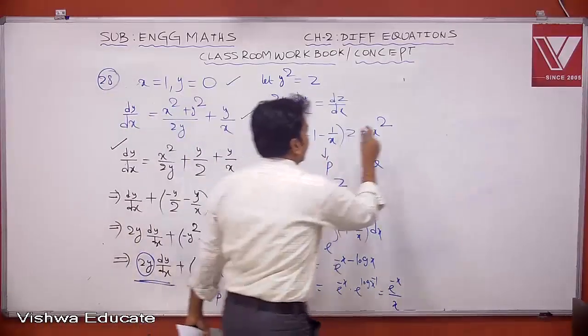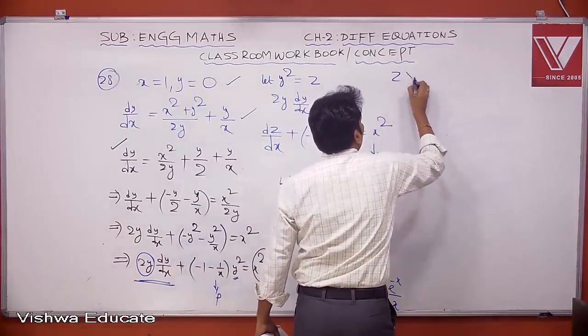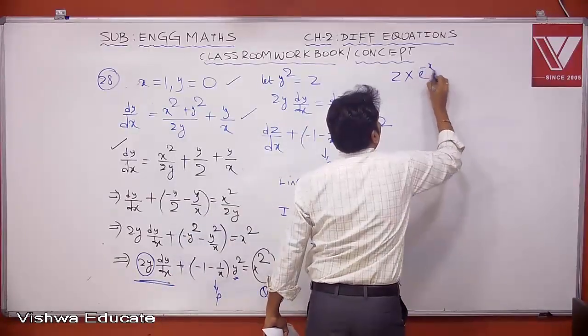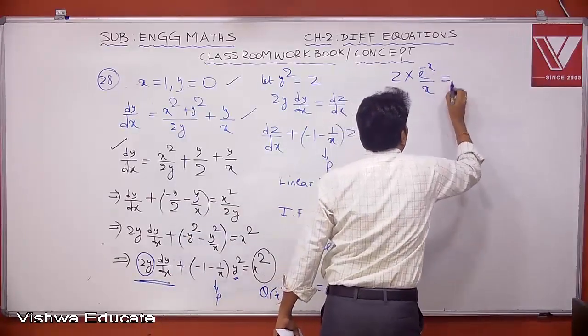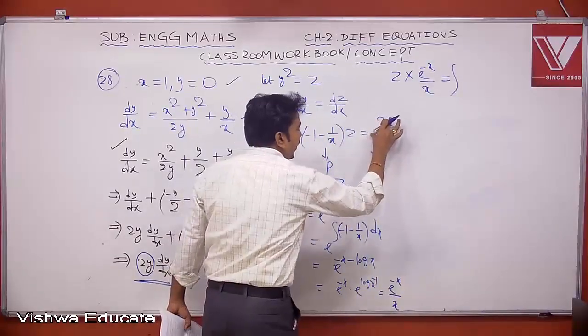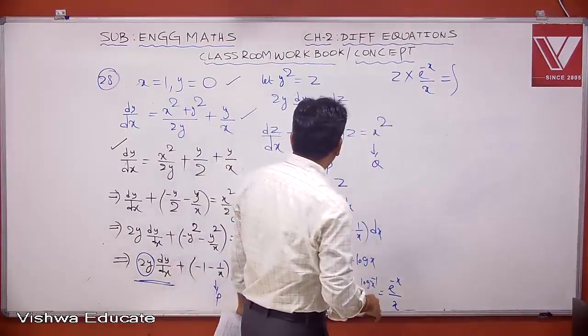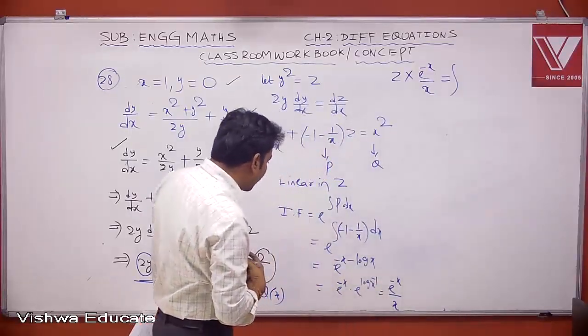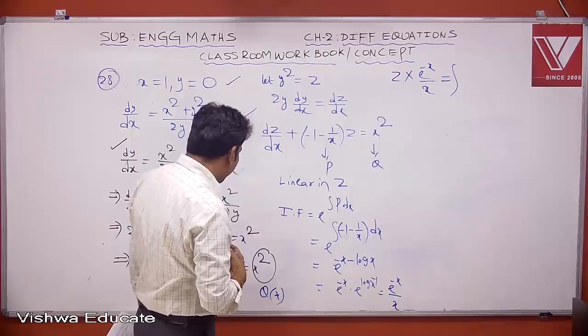Therefore the general solution is z into IF. IF is this, 1 by x, equal to integral of q. Q is this x square. So therefore in this case q is x square. Let me verify this.